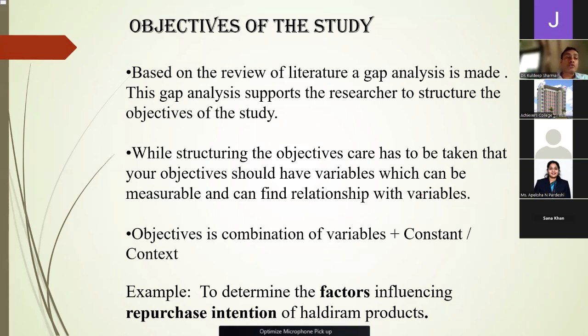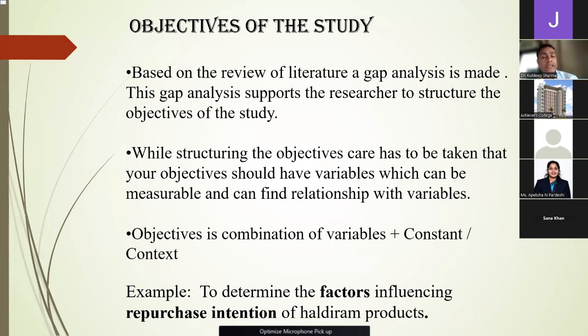So you should know the variable. And I said in the very beginning, through primary review of literature, our objective is to identify variables in our study. And my objective, my hypothesis, everything will revolve around my variable.